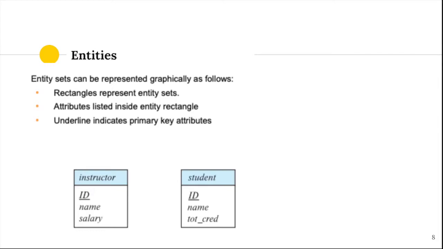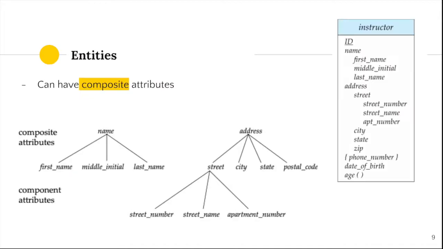Inside the rectangle, we have some attributes that are underlined. This set of attributes are the primary key attributes, the characteristics that uniquely identify a particular object from the set of all objects. So, for example, your student ID is your unique identifier from all the set of students.